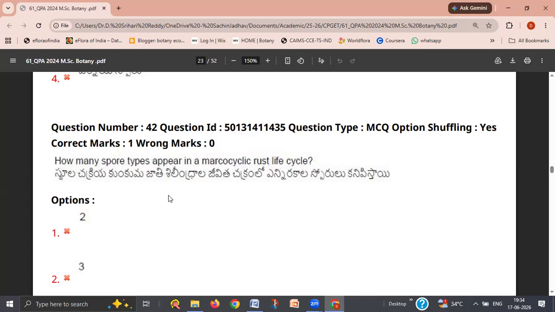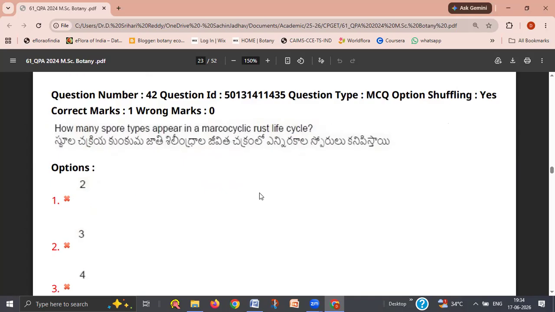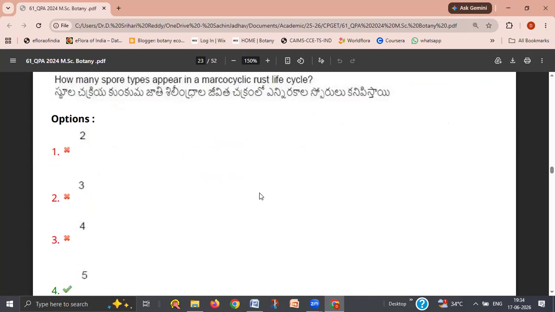It involves all the stages of the life cycle. Microcyclic is if the life cycle involves only a few stages, and macrocyclic means all the stages of the life cycle are involved. So how many stages are there totally? That is the question. They give 2, 3, 4, 5.